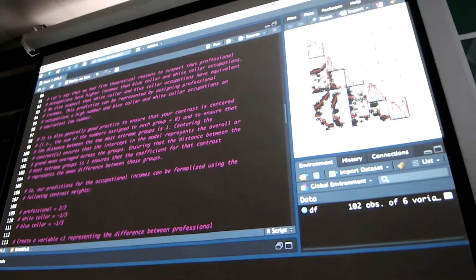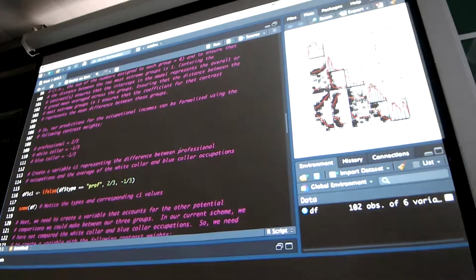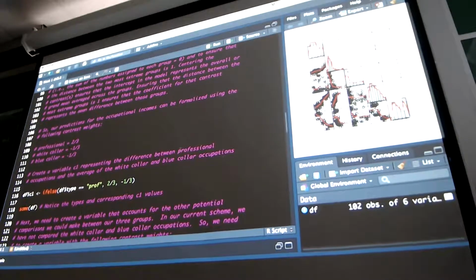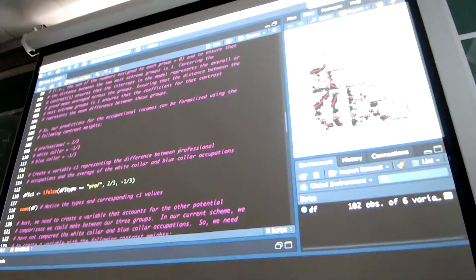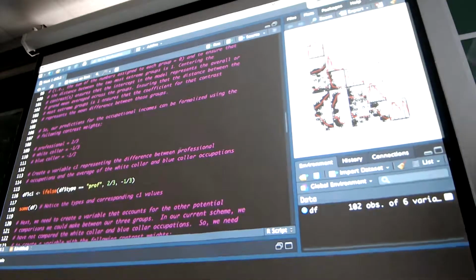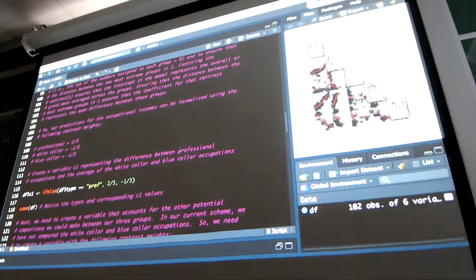So that said, the way we would code this is if we make professionals 2/3 and white collar and blue collar each -1/3 to create this C1 variable. In this case, a simple if-else is sufficient.